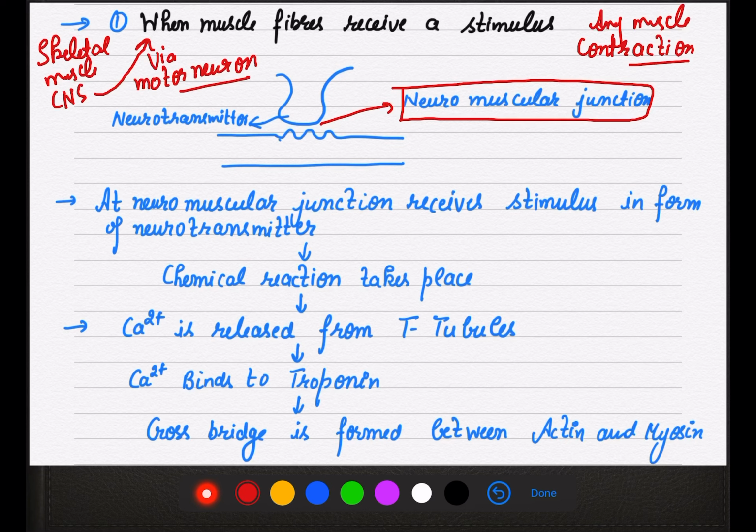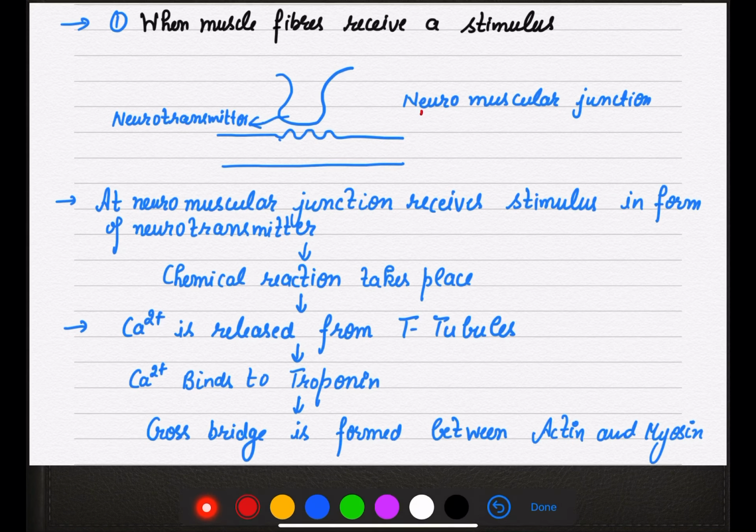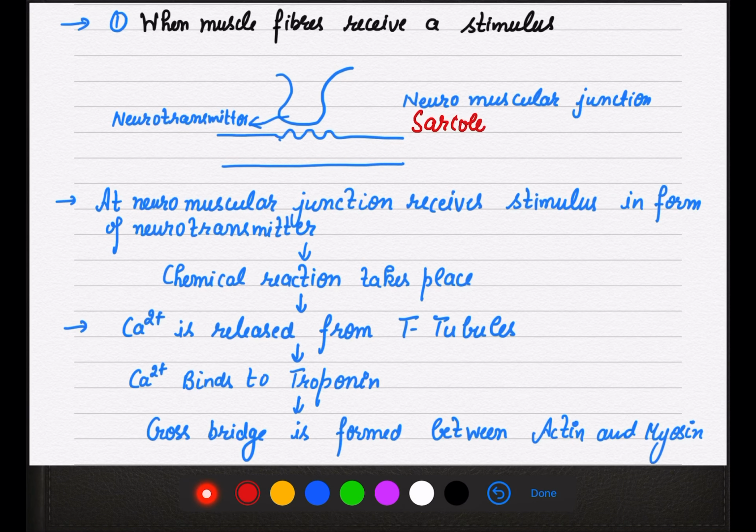is connected to this motor unit, which is called your neuromuscular junction, right? There will be a junction, a gap between the neuron and the muscle, and the gap is where the signal passes. Who receives the signal? That is the sarcolemma.